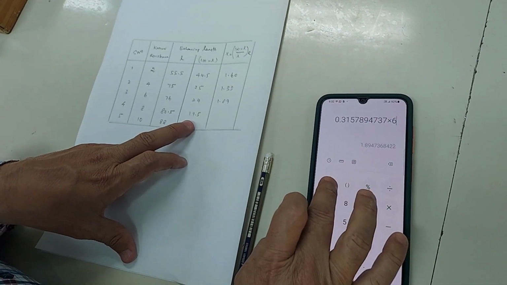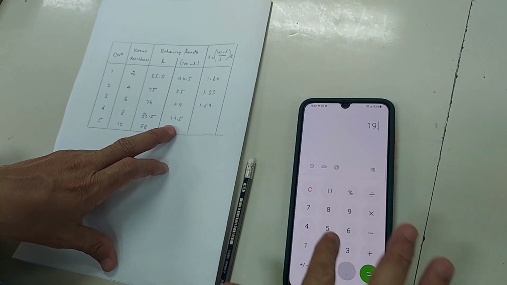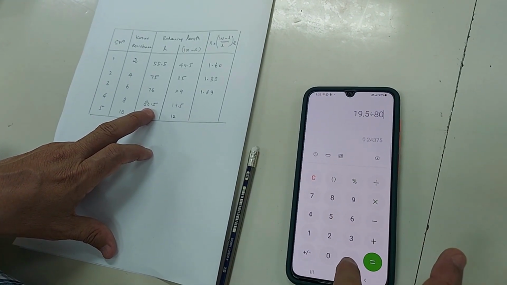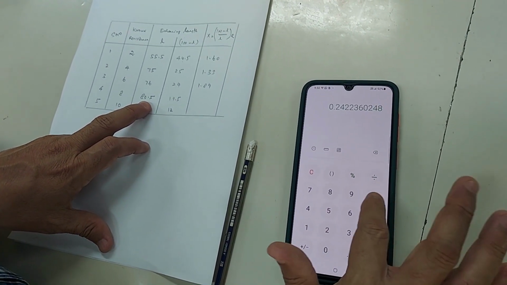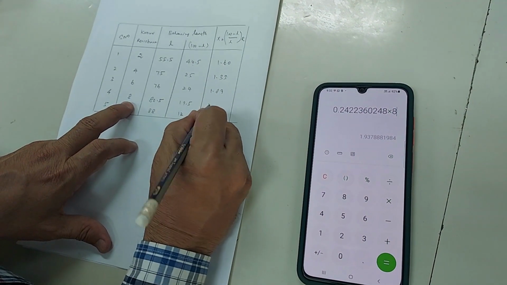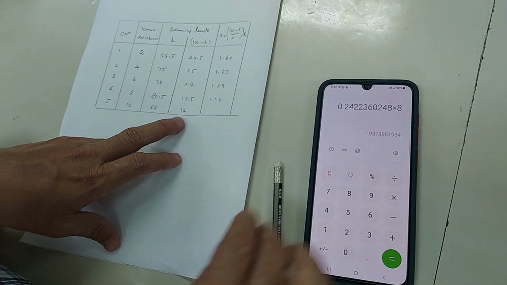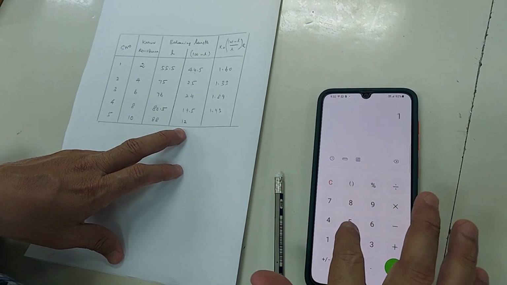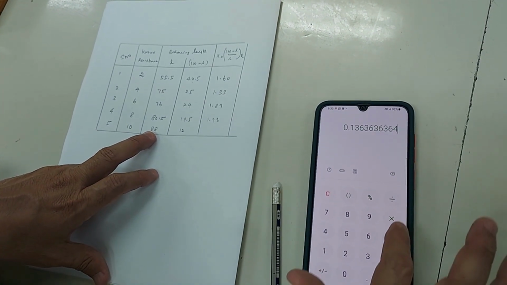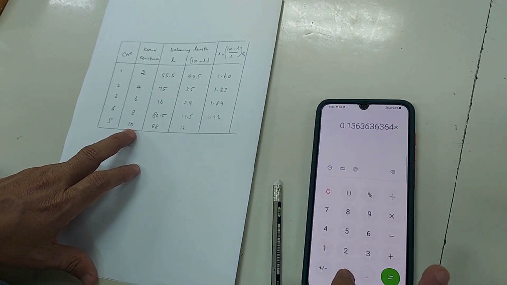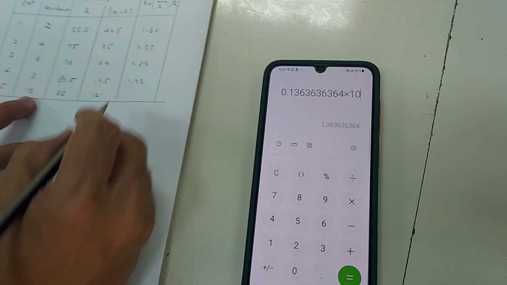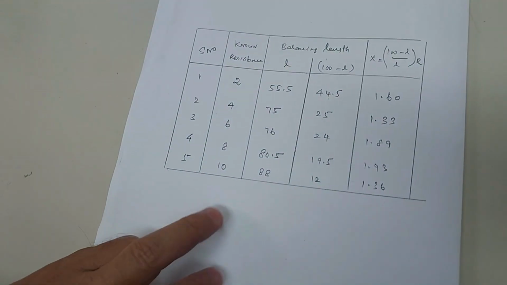Then you see here 19.5 divided by 80.5 into 8, 1.93. Here you see 12 divided by 88 into 10. So 1.36. Okay, children.